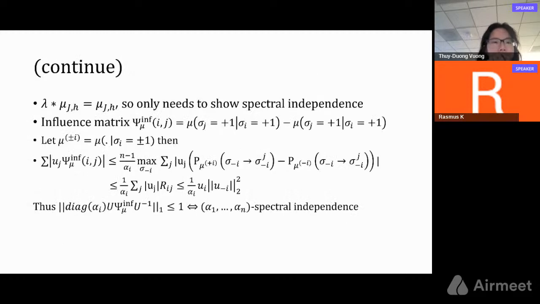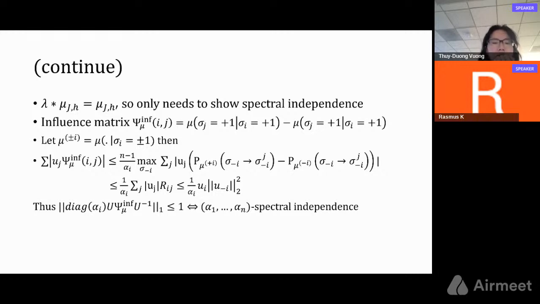We noticed that scaling the Ising model by some external field lambda is equivalent to changing the vector h. They're both called external fields, so they are sort of equivalent. And then we only need to show that the Ising model is spectrally independent regardless of external field.